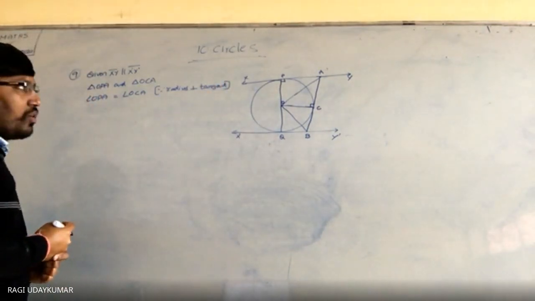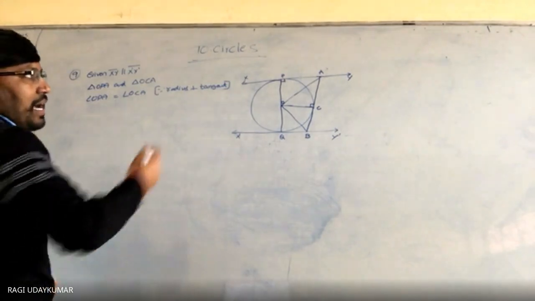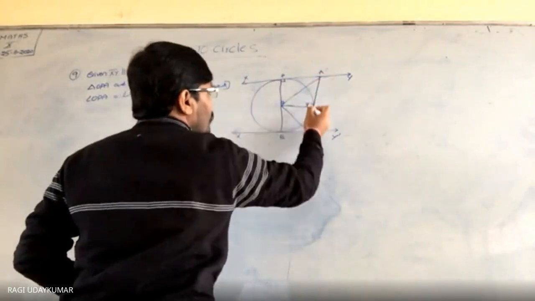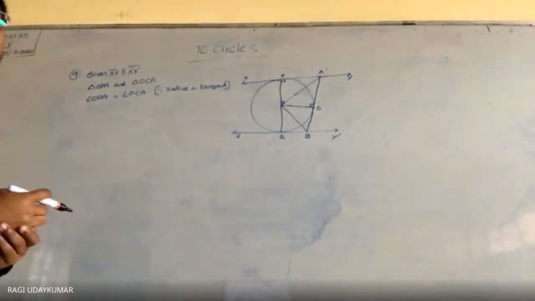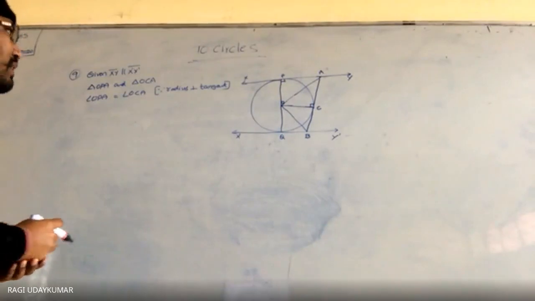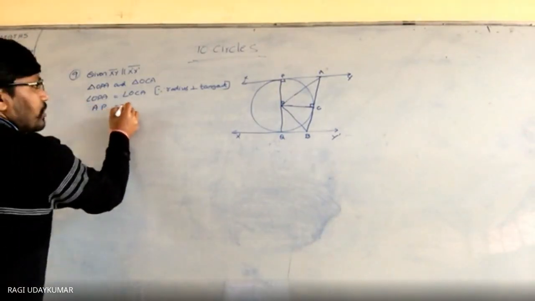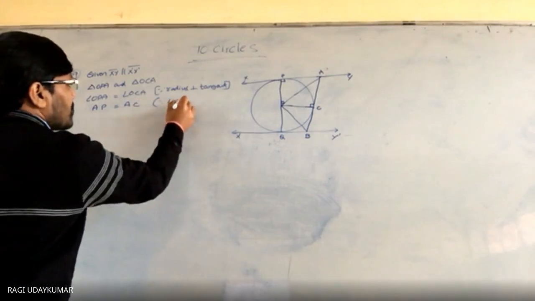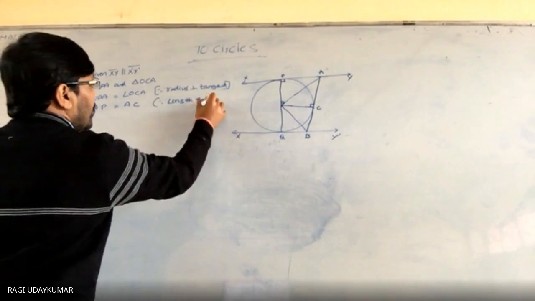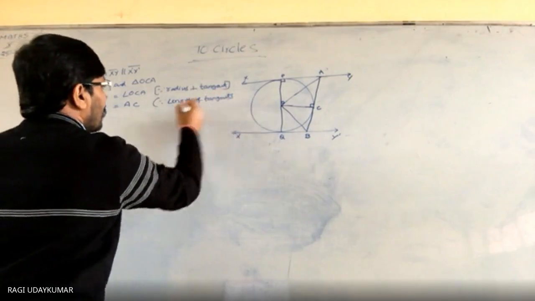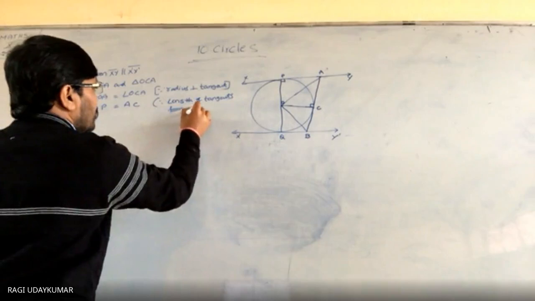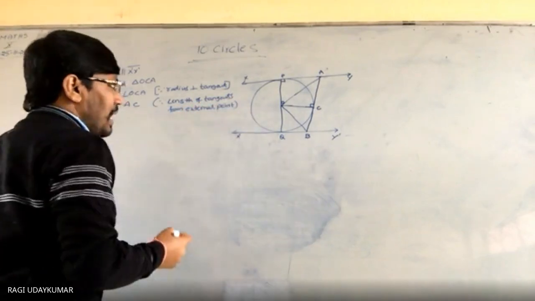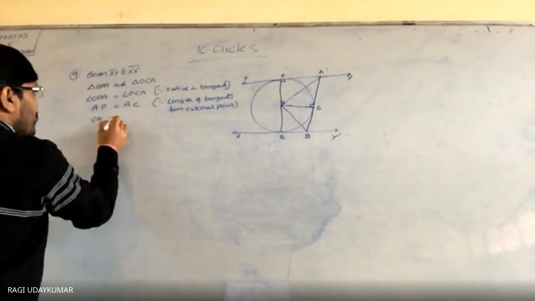Reason. Okay. Next, if you consider this side and this side, these two sides are length of the tangents drawn from an external point are equal. AP is equal to AC because length of the tangents from external point, and in both you are going to have OA is equal to OA.